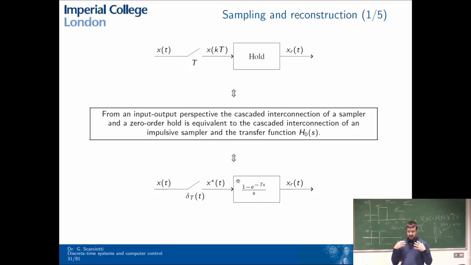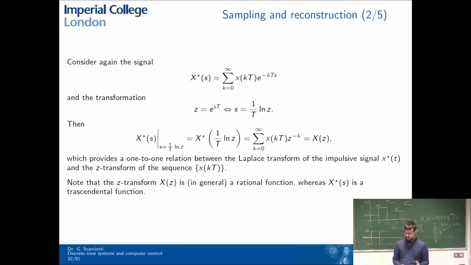This is a mathematical description, but what is the advantage of this? The advantage is that at one point we'll see how to convert this in the Z domain, and what we will have will be just Z transforms. This concludes this part of the lecture, and now we go on to other aspects of sampling and reconstruction.